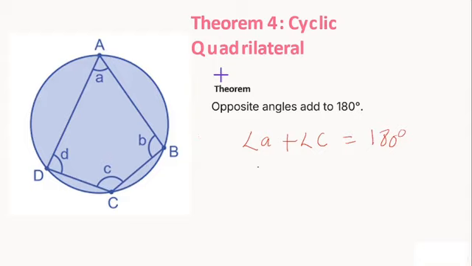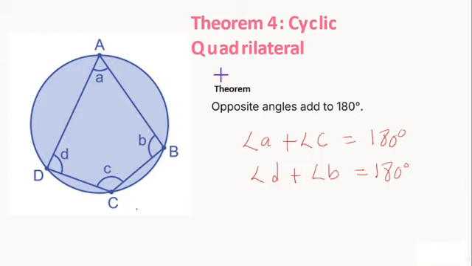Another pair of opposite angles, angle D added to angle B, again gives us 180 degrees. This is how we answer such questions. This is another property which is very important. Opposite angles add up to 180, and these opposite angles are only in a cyclic quadrilateral.